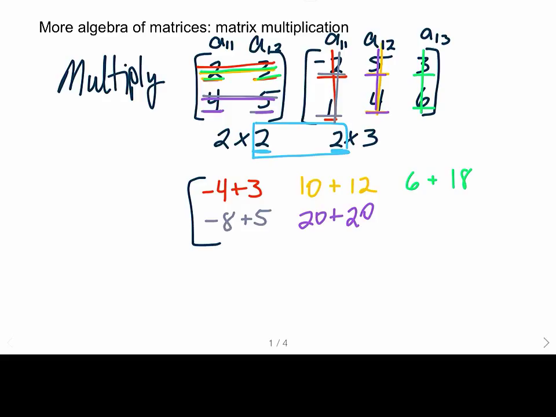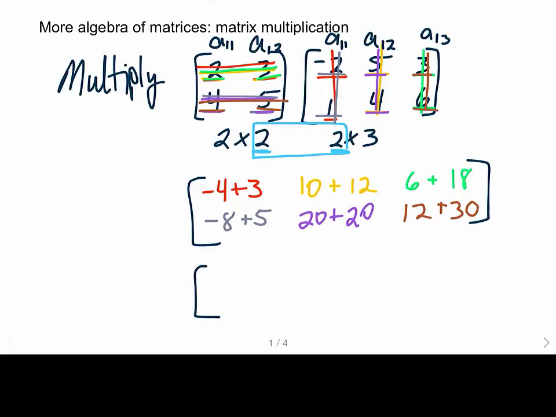And then we take that second row of the first matrix and multiply it by the third column of the second matrix. We have 4 times 3 is 12, 5 times 6 is 30. Add those two together, and that's the result of multiplying the two matrices together. But we can, of course, tidy this up a little bit.